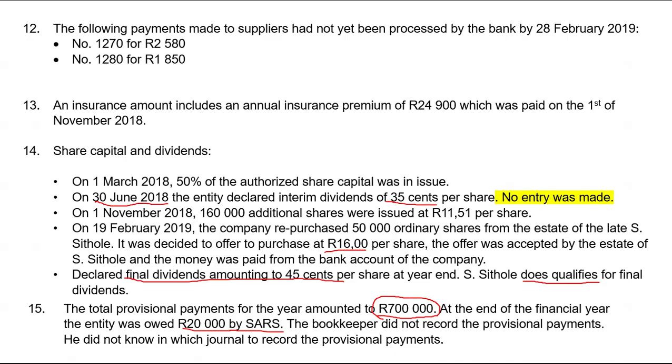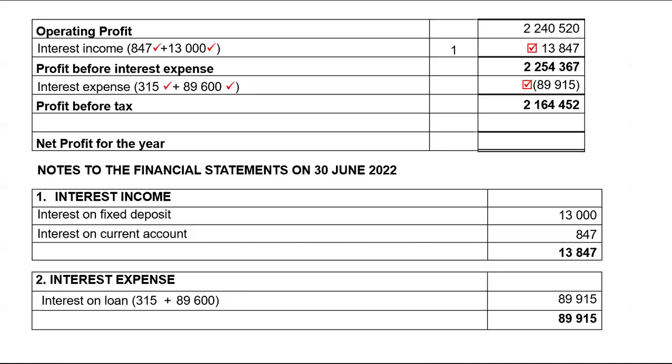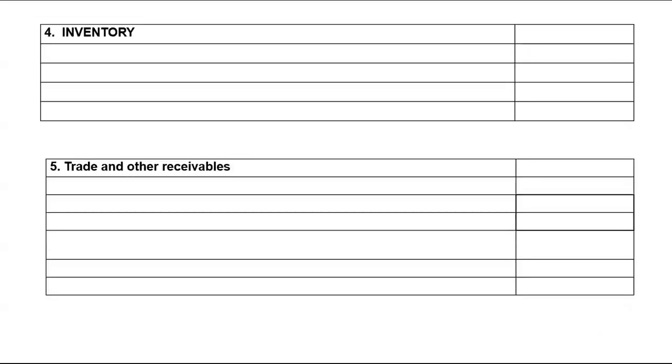That only means our income tax for the year was 700,000 minus 20,000. It was basically 680,000. That 20,000 that is owed to us by SARS, we will record it in trade and other receivables as SARS income tax.